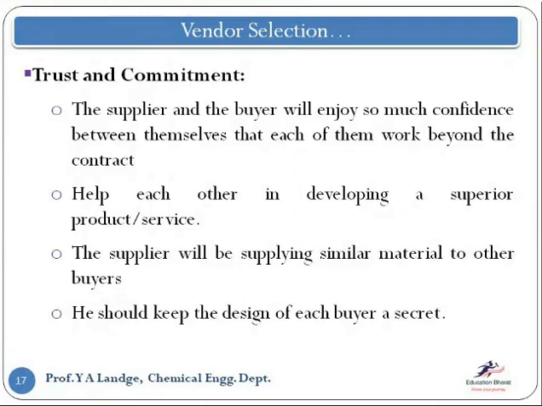If you committed to a certain quality of the product and delivery time, and the product is delivered on the same day, with the same quality you discussed in the meeting, then the manufacturer trusts the vendor.